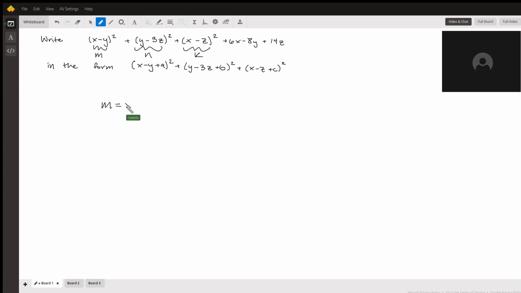So m is equal to x minus y, n is equal to y minus 3z, and k is equal to x minus z. If we do that, then we're going to have some m plus a squared plus some n plus b squared plus some k plus c squared here.